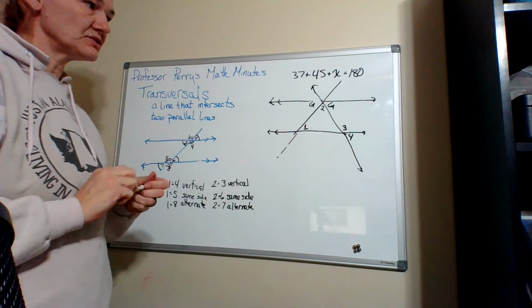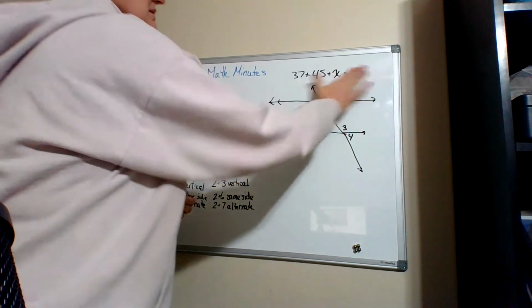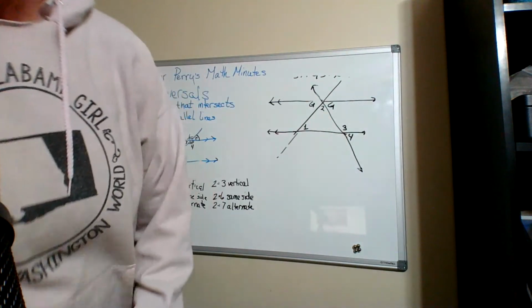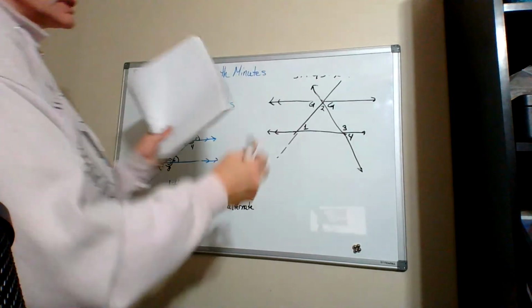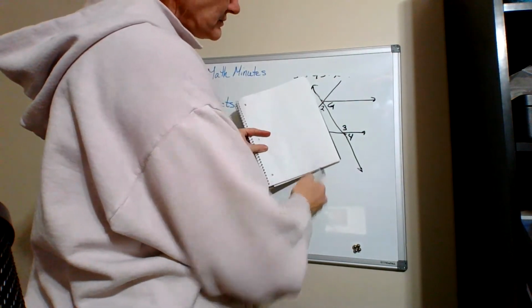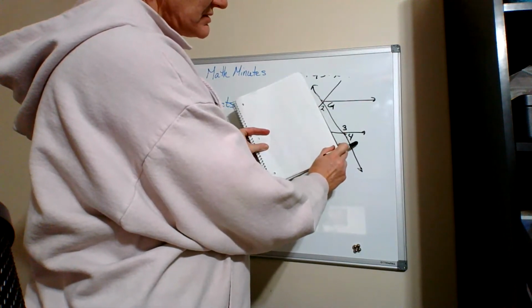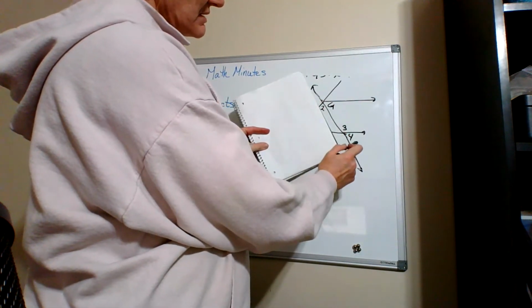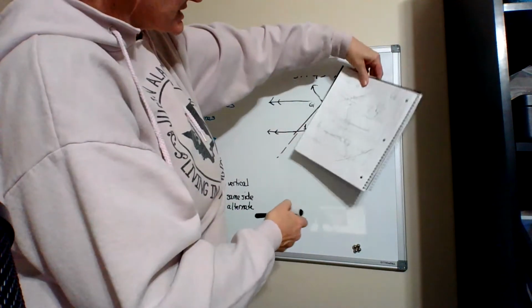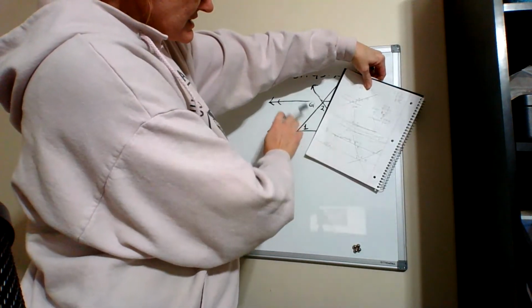You're going to do the same thing as we did with the, get rid of the other side. You can see that this angle is going to be the same as this one. When you get rid of the other side, you can see that these two are the same.